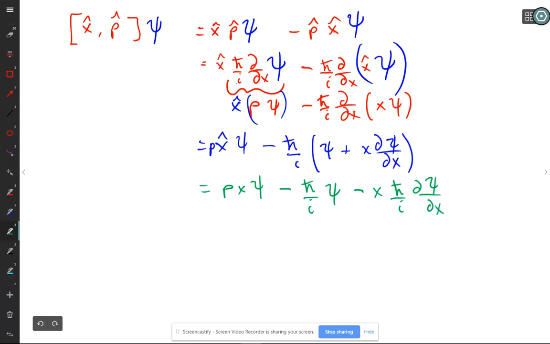There I've expanded the parenthesis. And finally, what is that equal to? That's P psi.